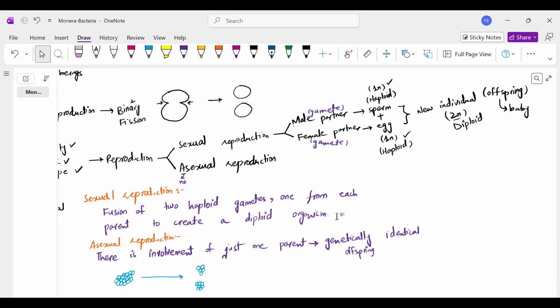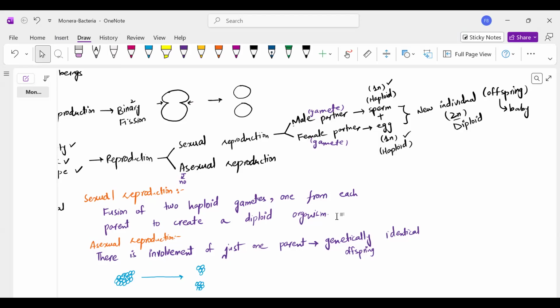From sexual, the offspring will be produced by two parents. And that is why we say that the offspring produced as a result of sexual reproduction have more variation, because that organism is getting characteristics from both the parents.